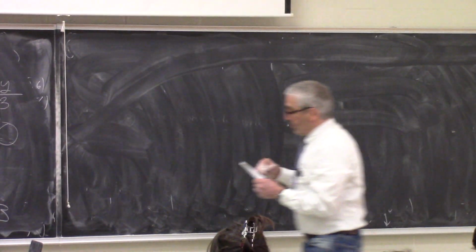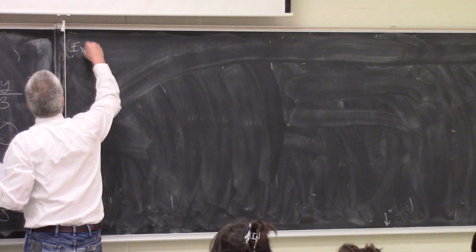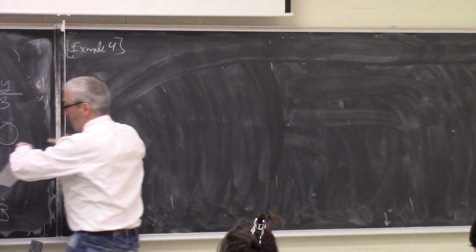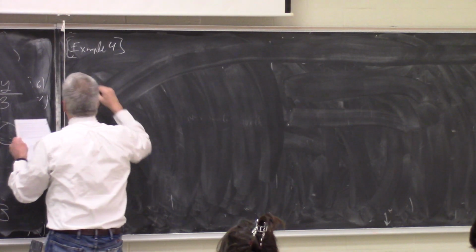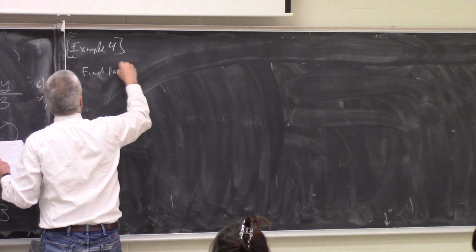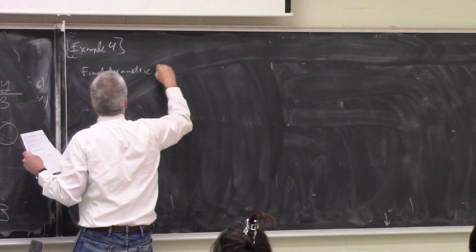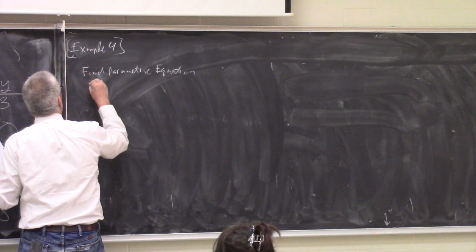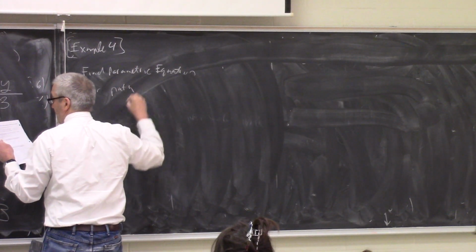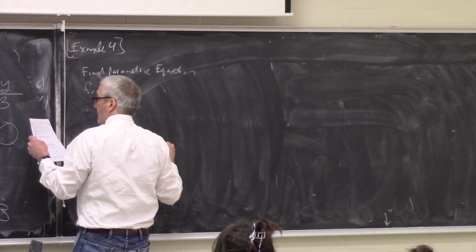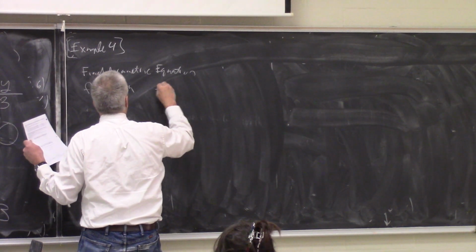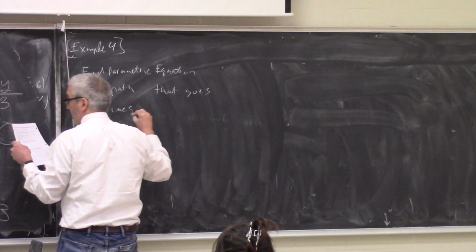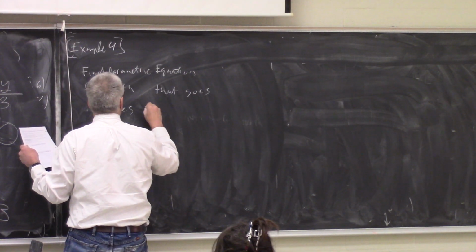Okay, example 4. Find a parametric equation for a path that goes 3 times around a circle, counterclockwise.